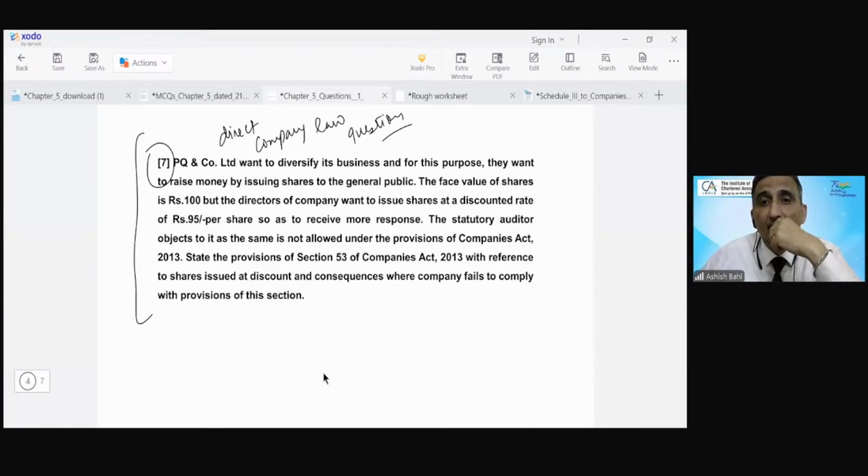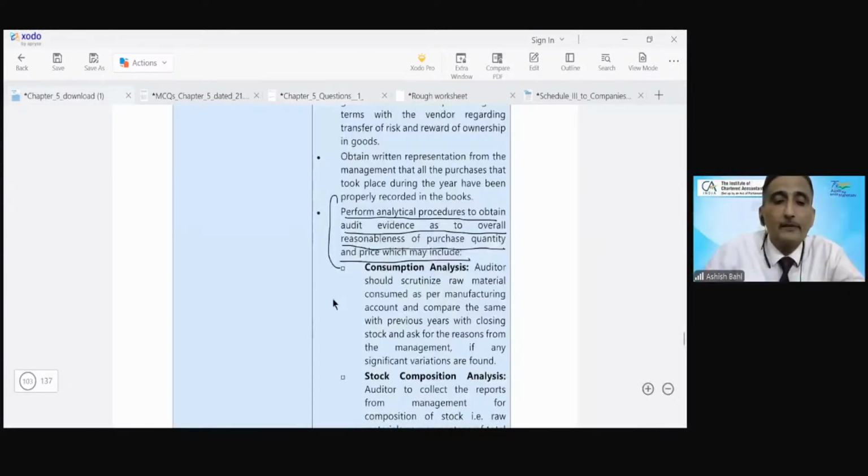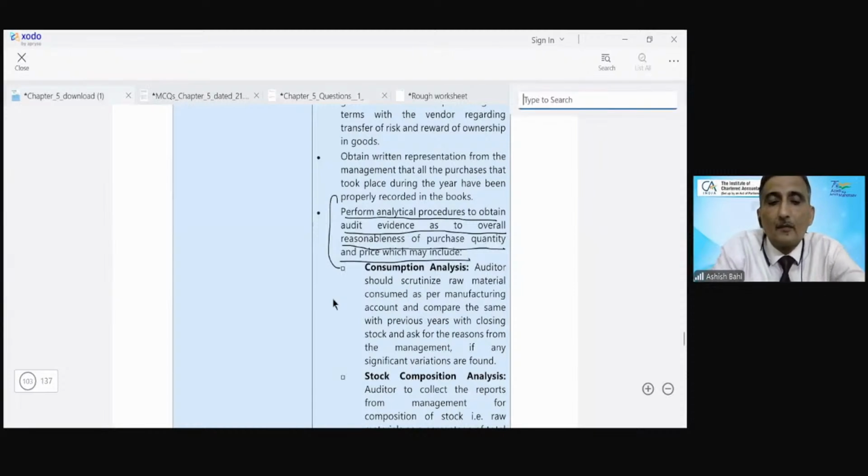These can be issued only in respect of a debt restructuring scheme to creditors, or in respect of sweat equity shares. And what are the consequences of not complying? That is also given in your module. It is the amount of shares and the amount raised, or rupees 5 lakh probably.